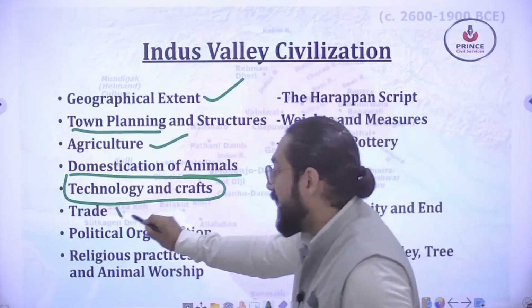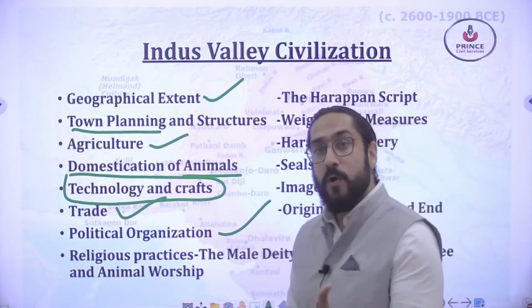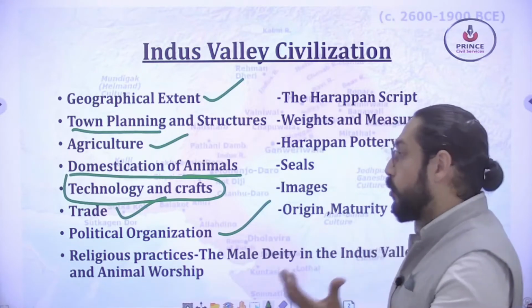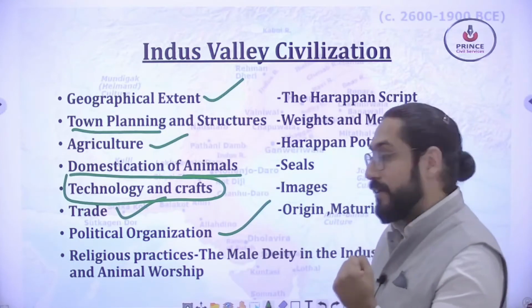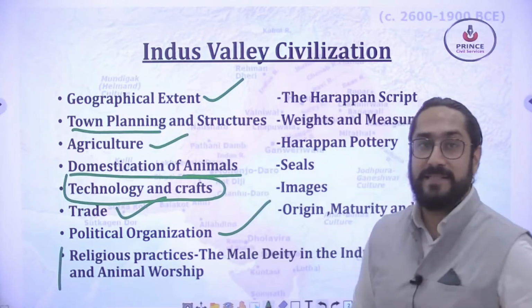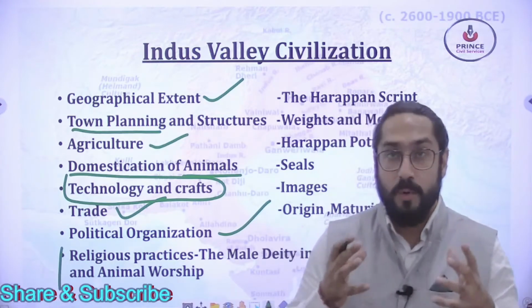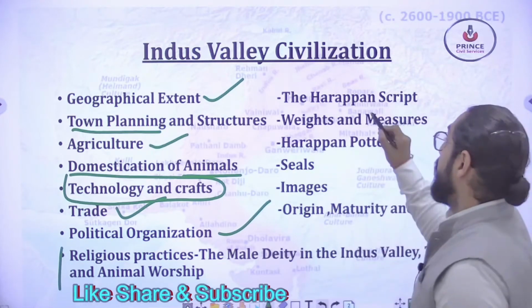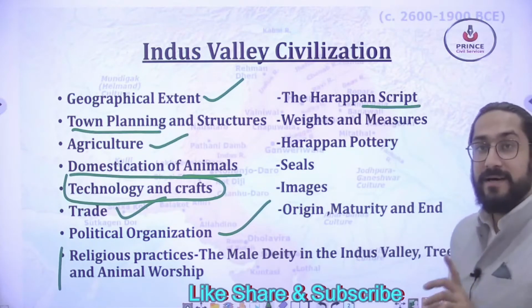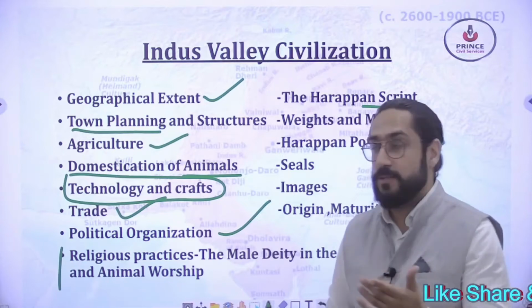Then you have trade, and the political organization, that is who ruled over these cities or controlled all the power in the Indus Valley Civilization. Then religious practices: did they believe in god, what type of gods they worshipped, what was the mode of worship. Then the Harappan script, whether it is pictographic, alphabetical, logosyllabic, boustrophedon and so on.